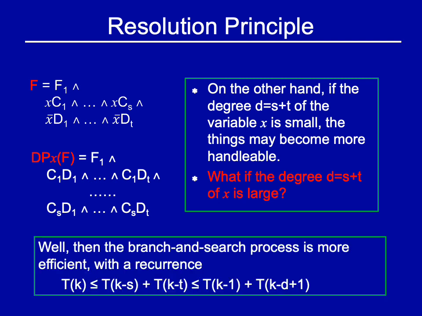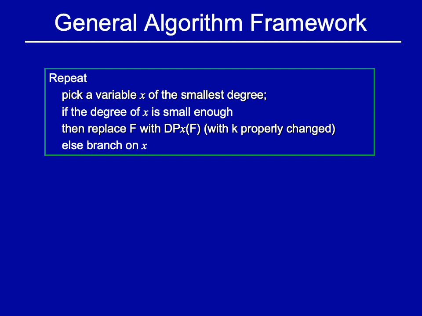Well, on the other hand, if you look at when the degree is large, in fact, the branch and search process is actually more efficient. So this is what we may do.